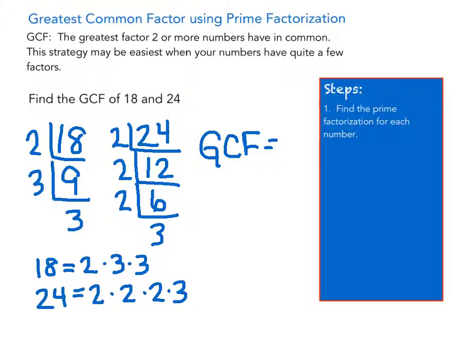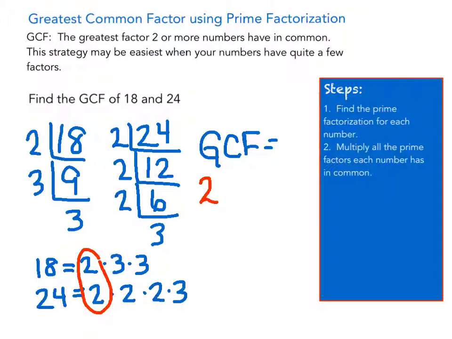Our next step is to list all the prime factors that each number has in common. As I look at 18 and 24, I notice that they have a 2 in common, so I can start with that. They also have a 3 in common.